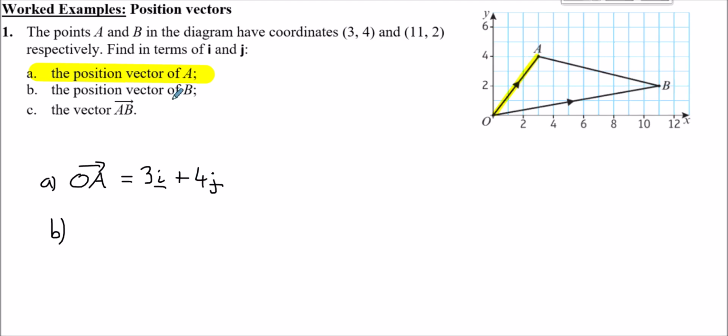For part B, we want to work out the position vector of B. So for B, the position vector of B, that means from O to B. So starting at O, I'm going all the way along until we get to B here. So we give this in terms of OB, and it's just as easy as the position vector of A. So from O to B is 11 along, because the coordinates are (11, 2), and we go 2 up from the origin, so plus 2j.